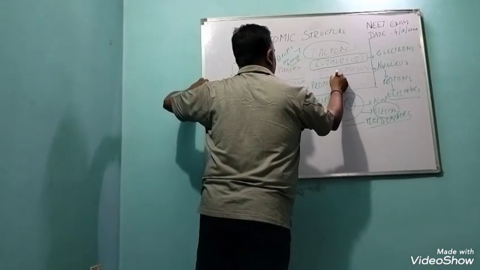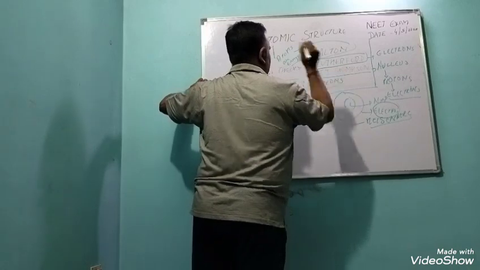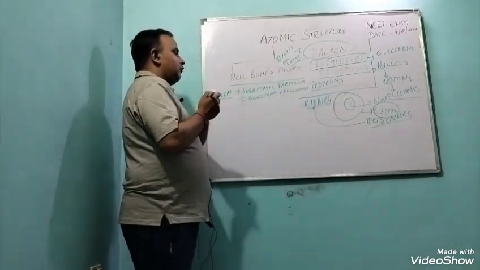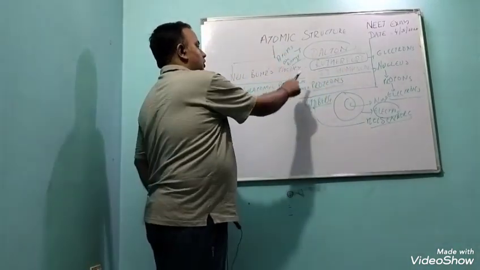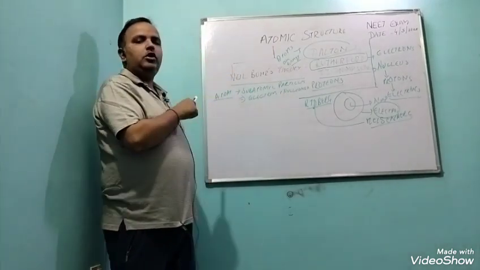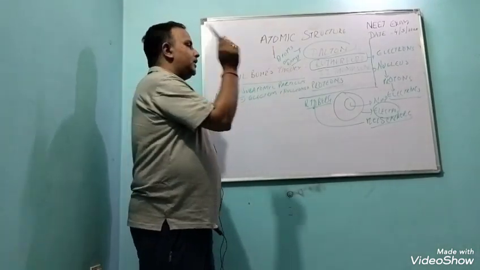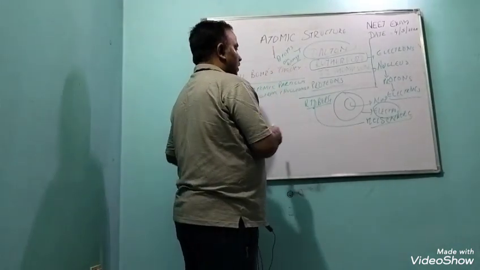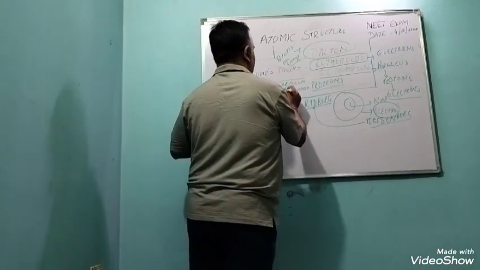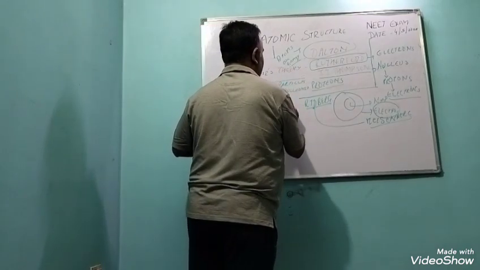Now, my dear friends, you would wonder, why have I written nucleons and protons here? Nucleons and protons were first called that because our scientists at that time had a fair notion that these are chargeless.